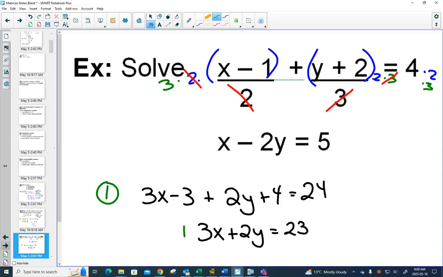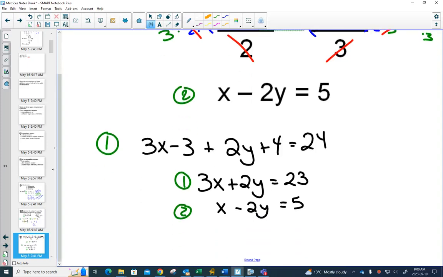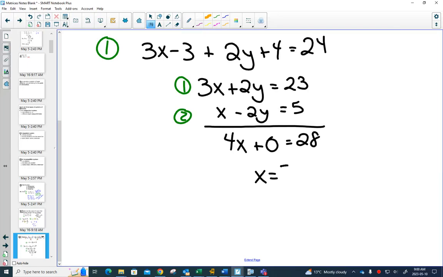This is our new equation 1. Here's our equation 2. I'm going to write it right underneath it. It's already x minus 2y equals 5. We can add those equations right away. And x is equal to 7.